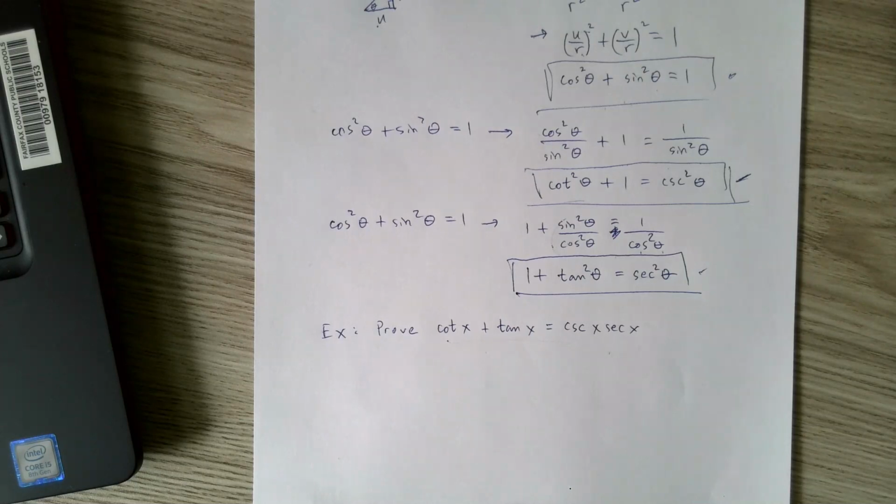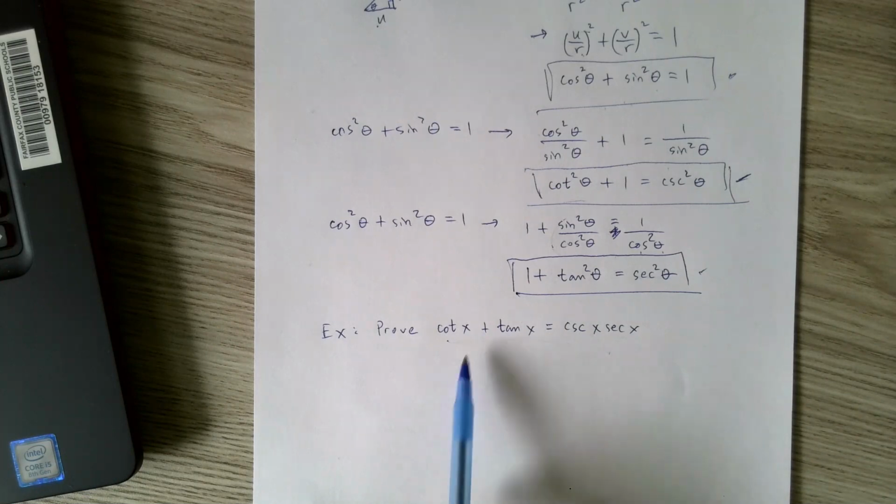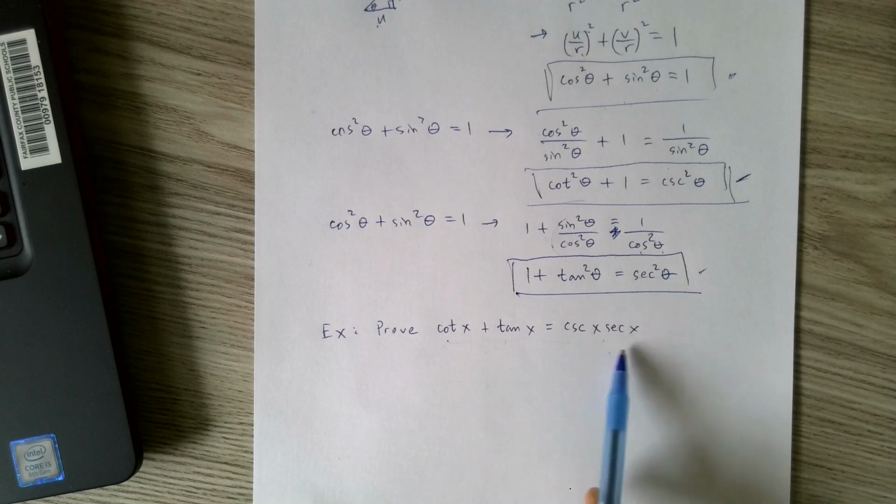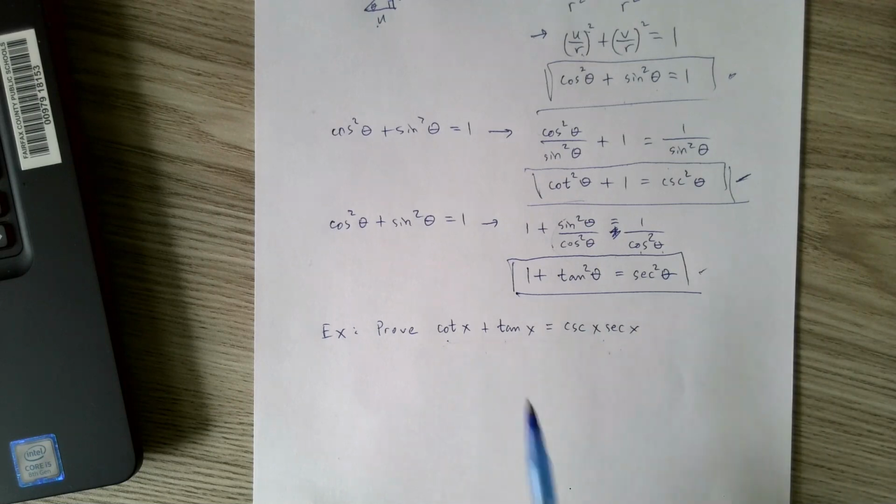Just as you have any expression in algebra, it's much easier to take that expression, simplify things by combining like terms, etc., to turn it into the expression that has only one term in it, for example. It'd be much harder to take one term and expand it to make it look like something that has multiple terms. So since this has two terms and the right side only has one, I'm going to start with the left side.